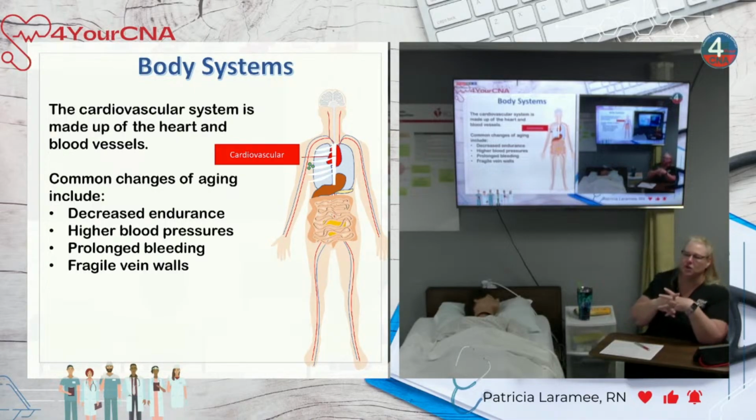So your muscles aren't getting as much blood. What do you think that's going to do to the muscles if they're not getting good blood flow? So they atrophy, they start to shrink in size, they break down, they're not as strong, they don't do the job as well. And that's because the heart and the blood vessels are weaker with age.